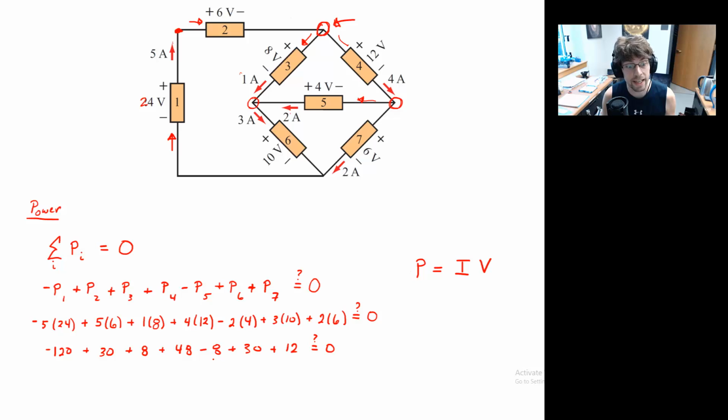Negative 98. Of course, we see that this 8 and that 8 cancel, so maybe we should not even worry about that. We'll just cancel those two out right away. So we have 30 plus 30, and then 48 plus 12, so that gives us 120. And of course, we have that negative 120 there. So we get 120 plus 120, which is clearly equal to 0.